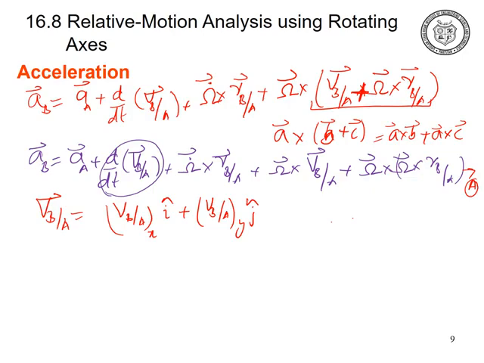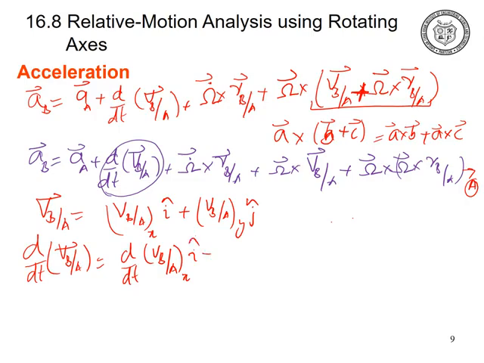So by taking the time derivative, d/dt of v_B with respect to A equals, here the component of the velocity as well as the unit vector changes with respect to time. For the unit vector, the magnitude will be the same, but the direction of the unit vector changes with respect to time. So we have to consider both in taking the time derivative. So this becomes d/dt of the x component of v_B/A times the i unit vector plus the x component of v_B/A times di/dt.